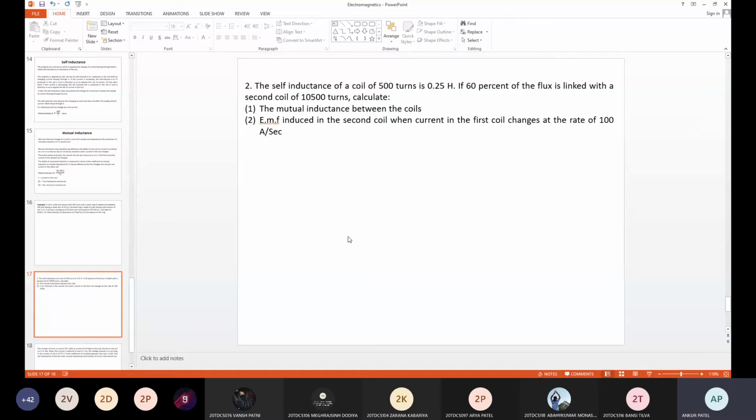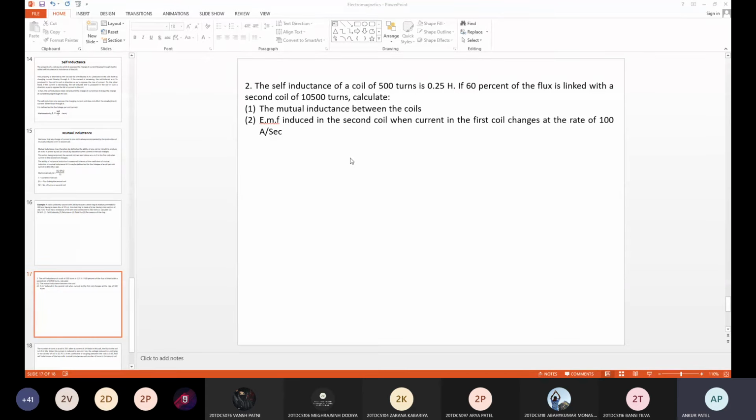Just read the data, write the data, then I will share my other screen. You need to find mutual inductance between the coils, and second, you need to find induced EMF for this mutual induction, EM. Okay. So what is the equation for mutual inductance?